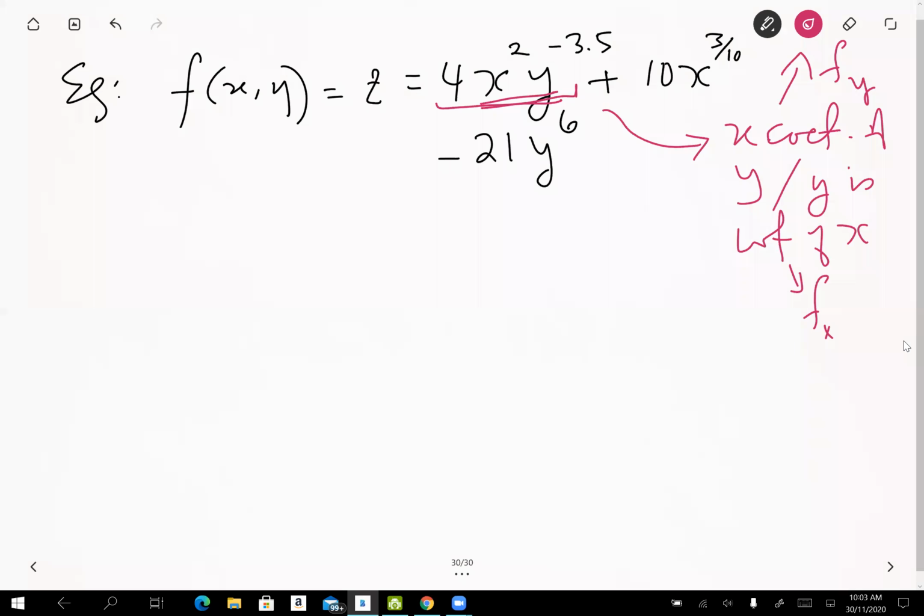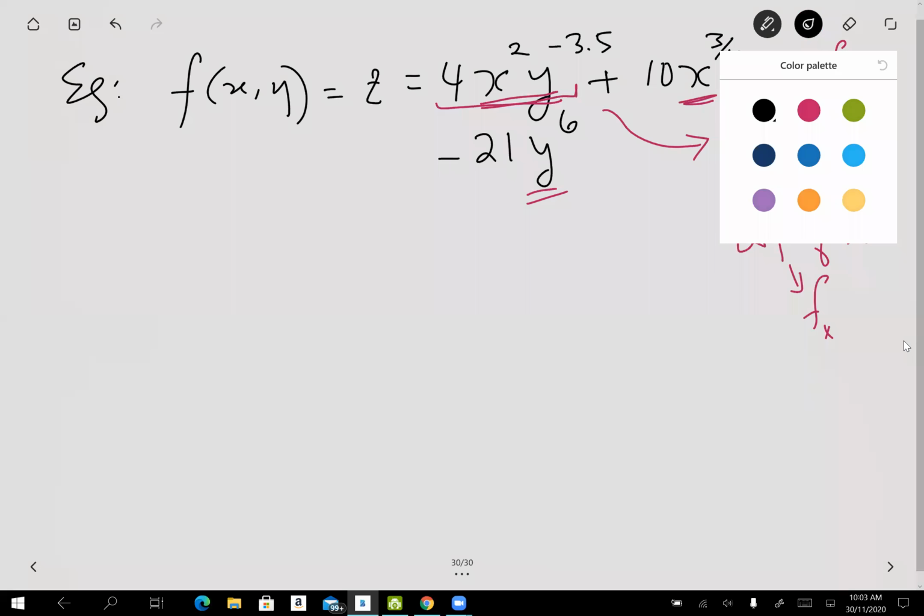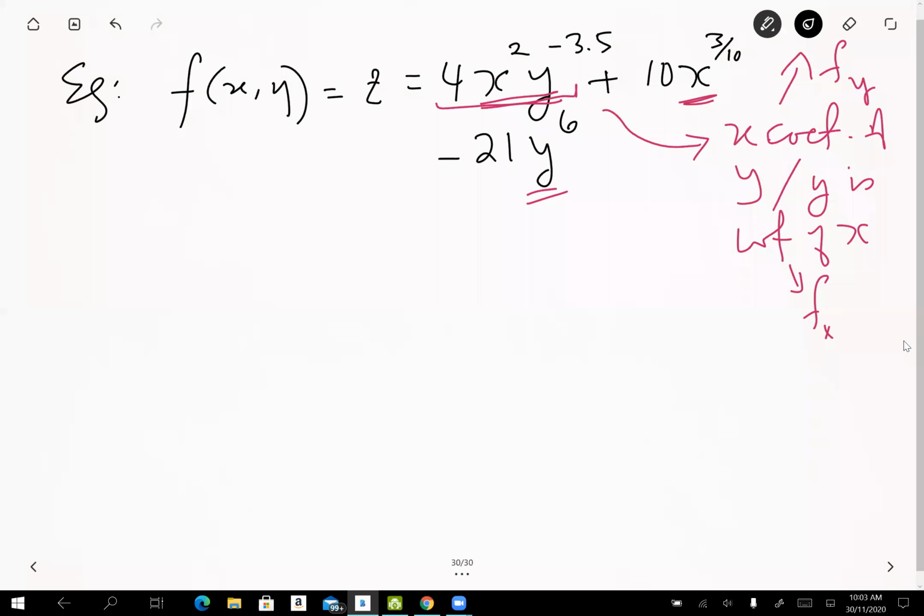So that is the type of term that we are going to encounter. Of course, we already did the case where you have a single x and a single y, there is no problem with that. The additive or subtractive terms, we already did that. So now let's do the multiplicative part.